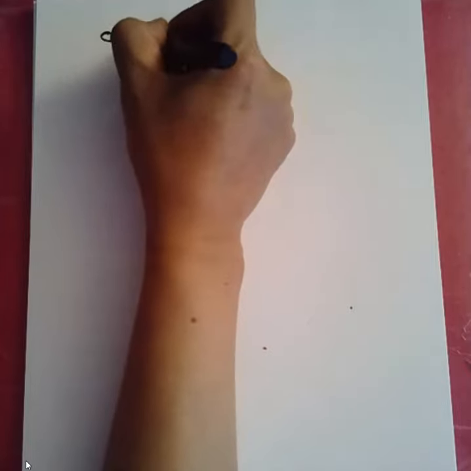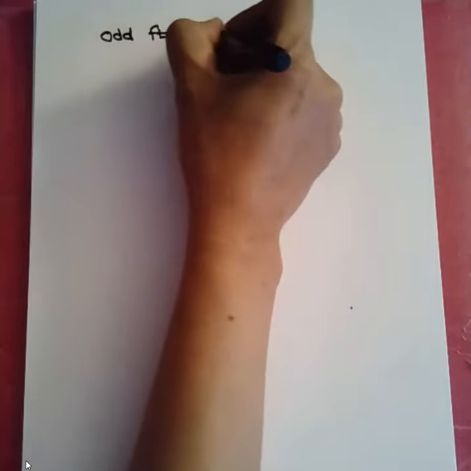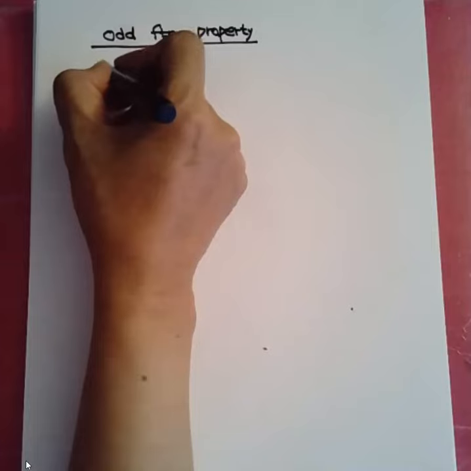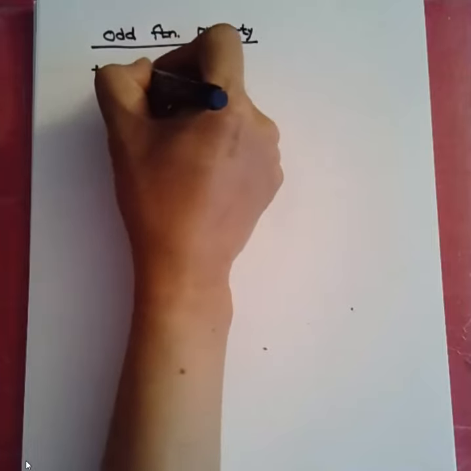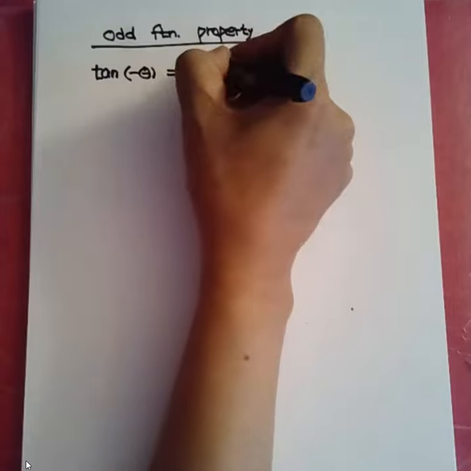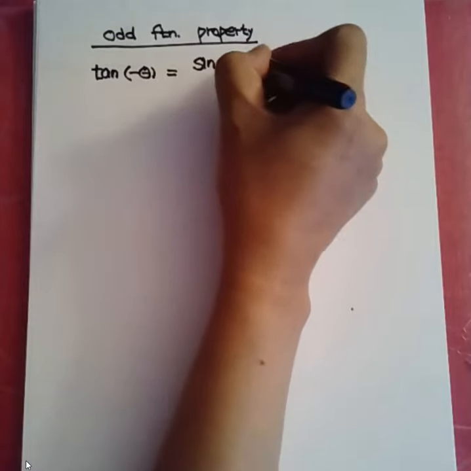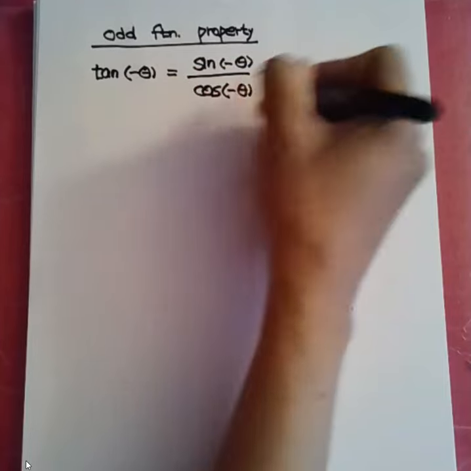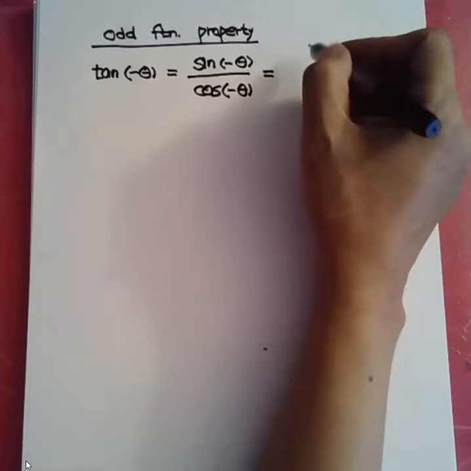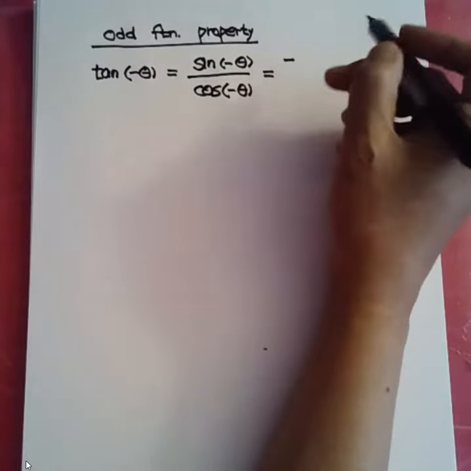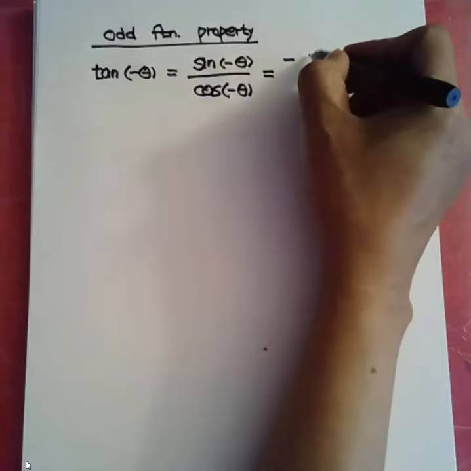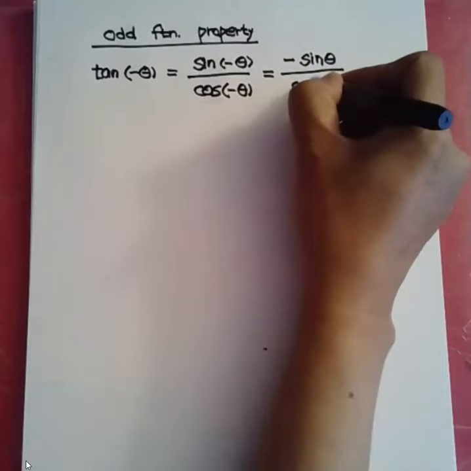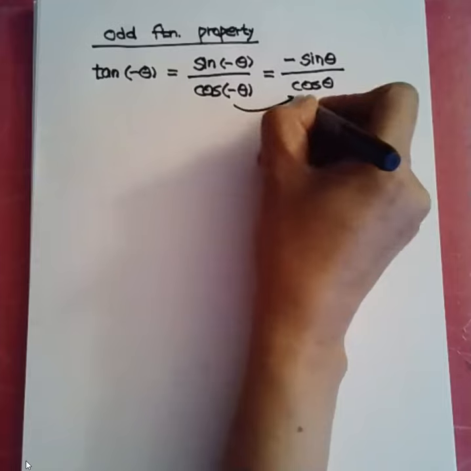The tangent function has the odd function property. Let's see why that happens. Tangent of minus theta can be rewritten as sine of minus theta over cosine of minus theta. What we already know is that sine is an odd function, meaning we can pull out that negative value in front of sine function over cosine of theta, because cosine is an even function.